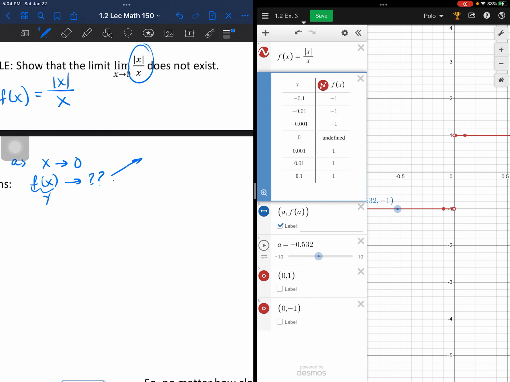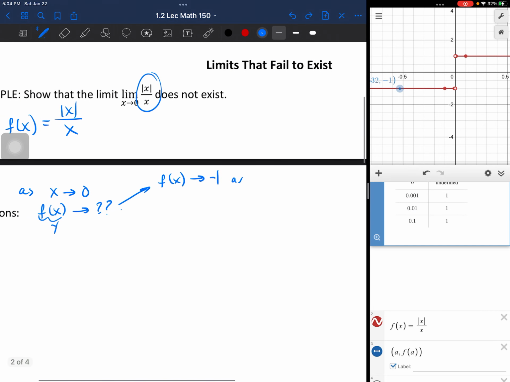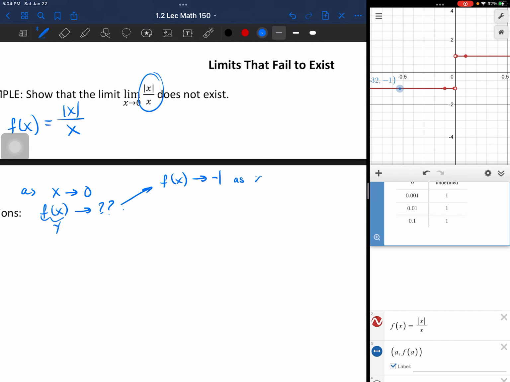It's approaching -1 as x approaches 0 from the left side.